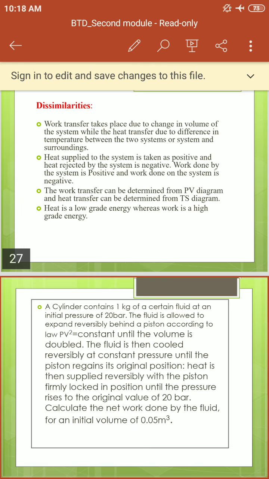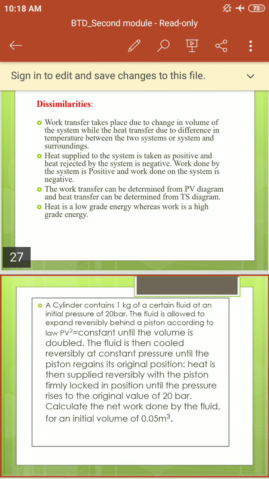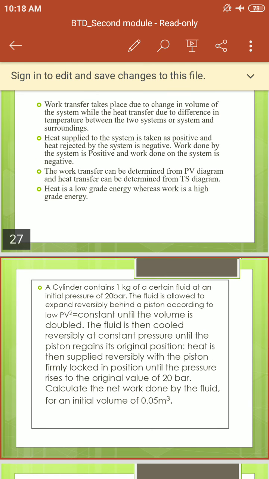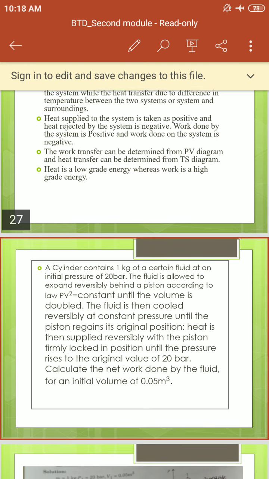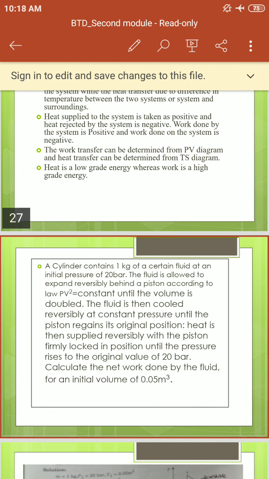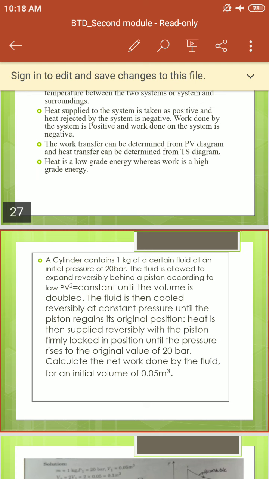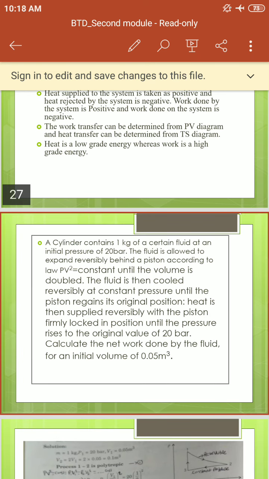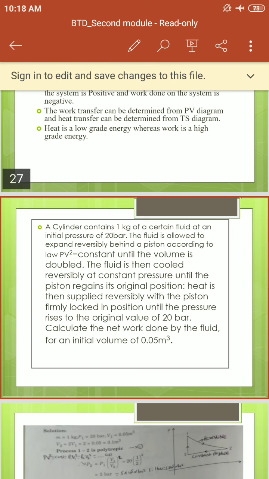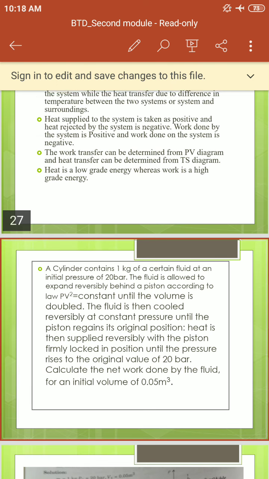The fluid is then cooled reversibly at constant pressure until the piston regains its original position. Heat is then supplied reversibly with the piston firmly locked in position until the pressure rises to the original value of 20 bar. Calculate the net work done by the fluid for an initial volume of 0.05 meter cube.